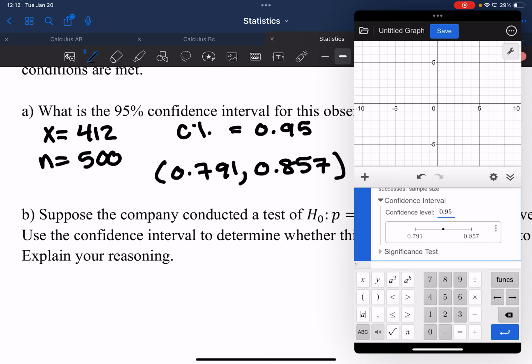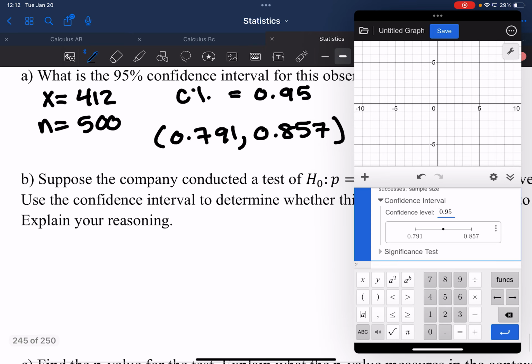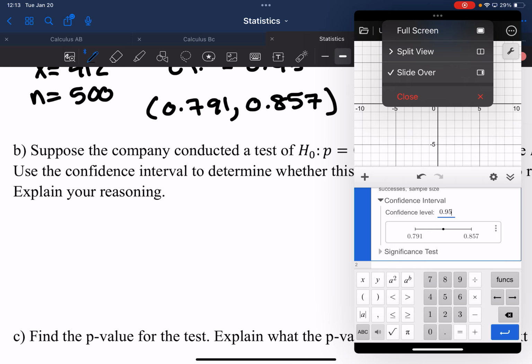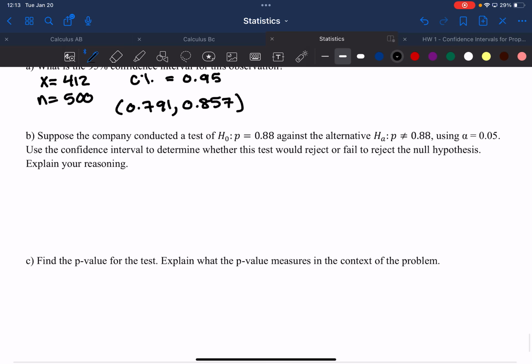Okay, so continuing here, it says, suppose the company conducted a test of the null hypothesis being p is equal to 0.88 against the alternative hypothesis that p does not equal 0.88. Is this one-sided or two-sided? Two-sided. Using alpha equal to 0.05.